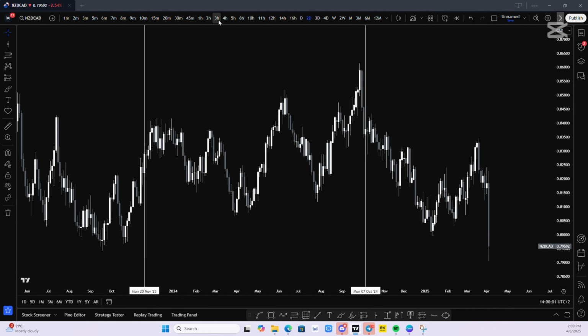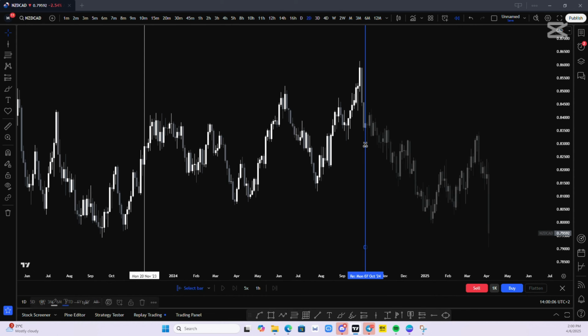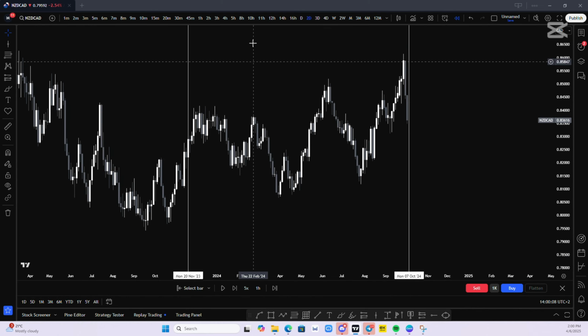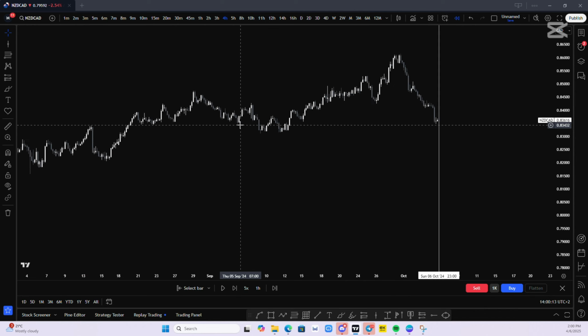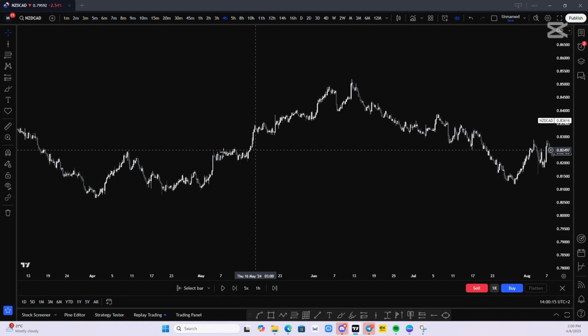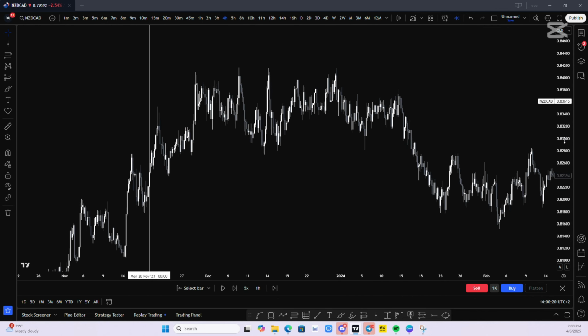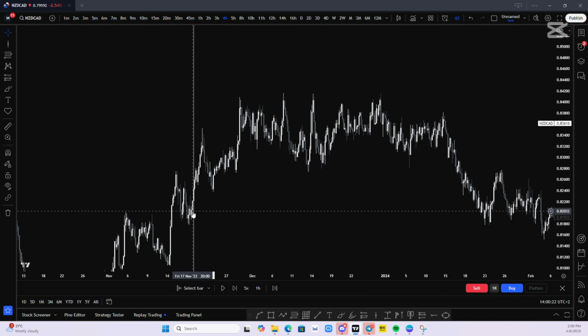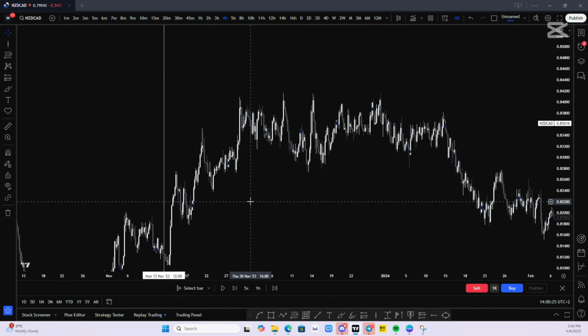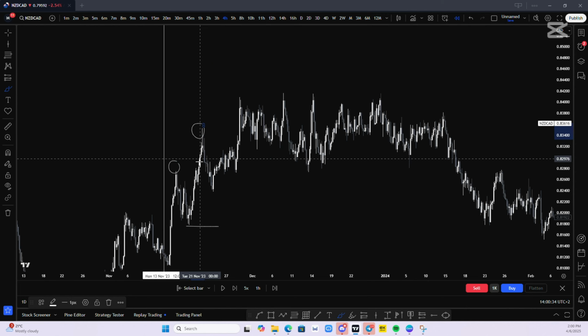Now I'm going to go to my 4-hour time frame. Starting from here, we can see that price has been violating our higher highs and respecting our higher lows.